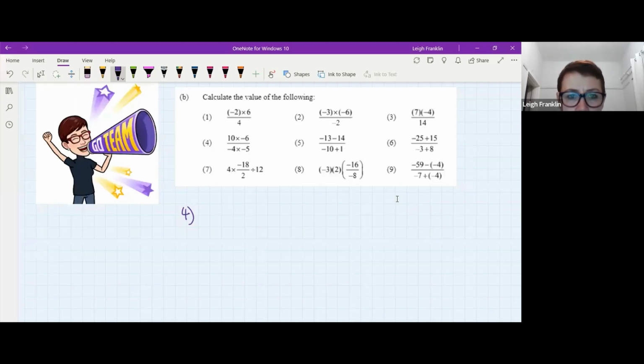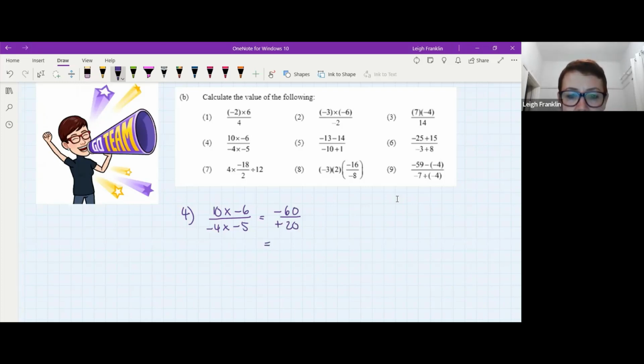All right. So we've got 10 times -6 over -4 times -5. So we're going to multiply the numerator with the numerator. A positive number times a -1 is a negative. And at the bottom, a negative times a negative is a positive.